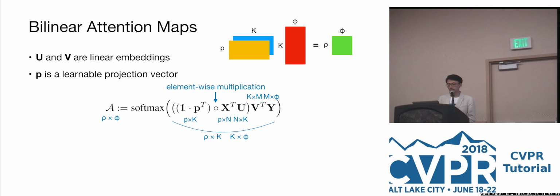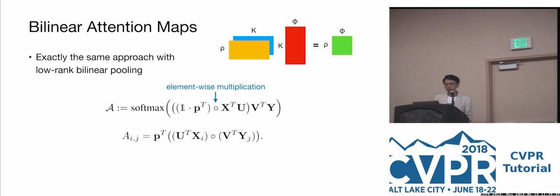Bilinear attention maps. For the bilinear attention maps, we use matrix chain multiplication with a key trick involving a projection vector P and element-wise multiplication. I think this equation is the key idea of this work.